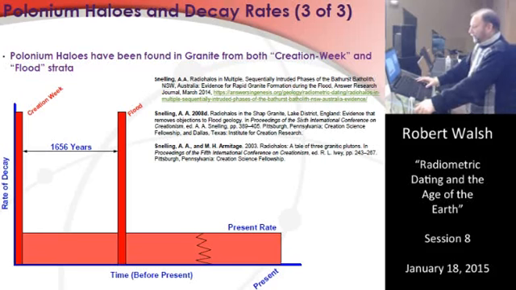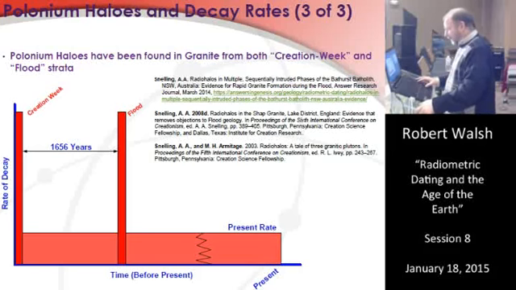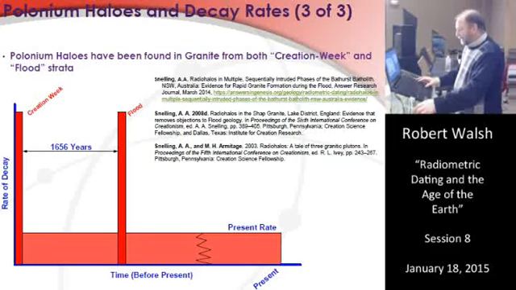Okay, so polonium halos have been found in granite from both creation week and flood strata. And you can see this in Andrew Snelling's paper, Halos in Multiple Sequentially Intruded Phases of the Bathurst Batholith in Southwest Australia: Evidence for Rapid Granite Formation During the Flood.